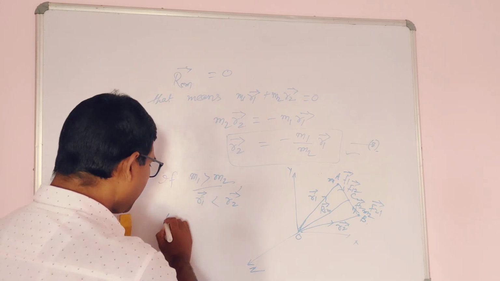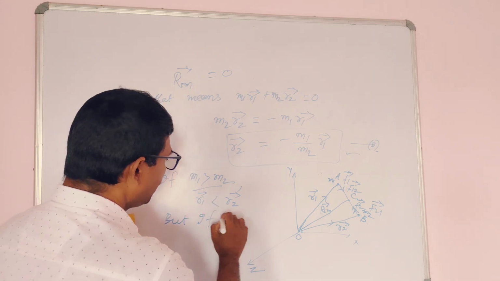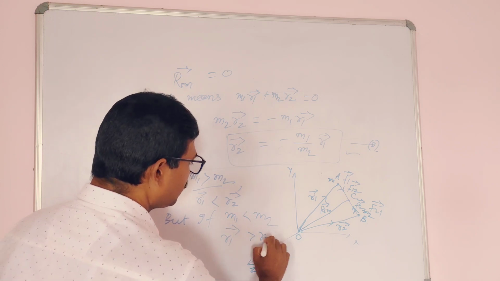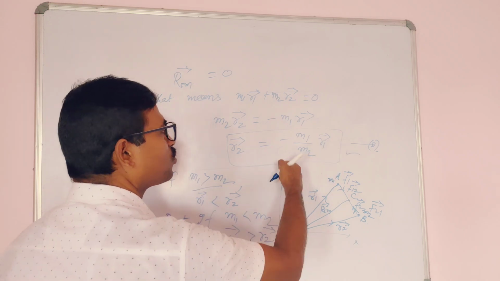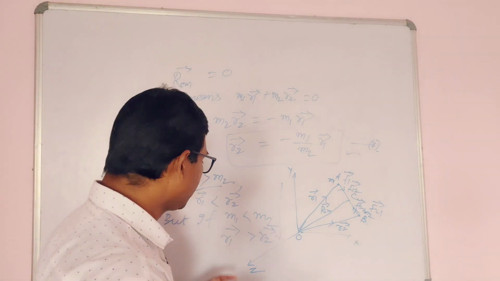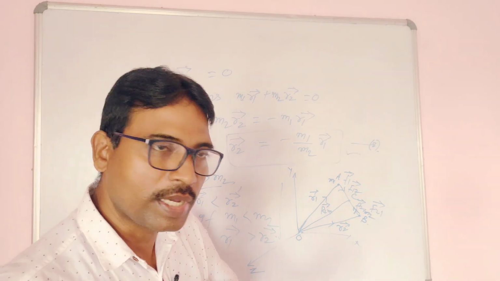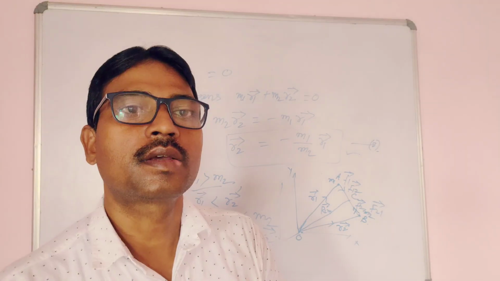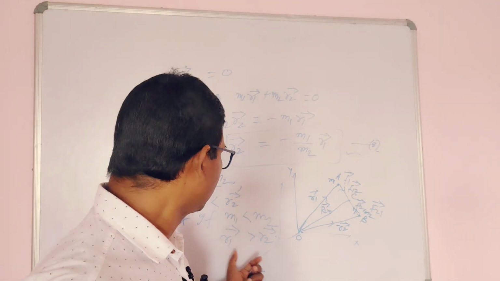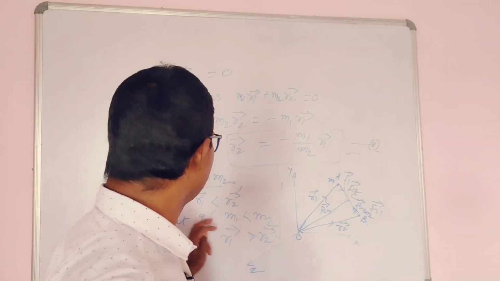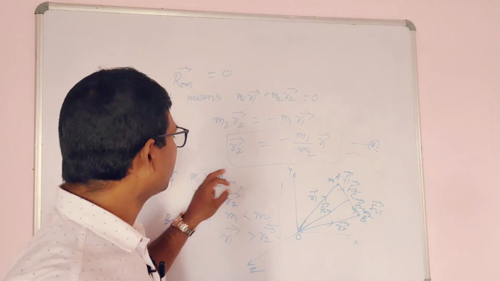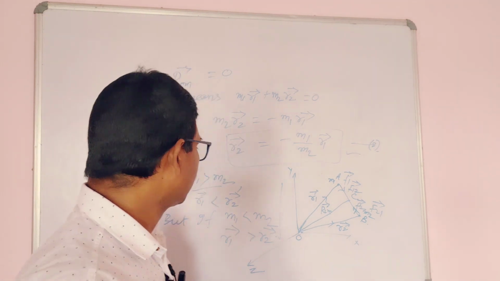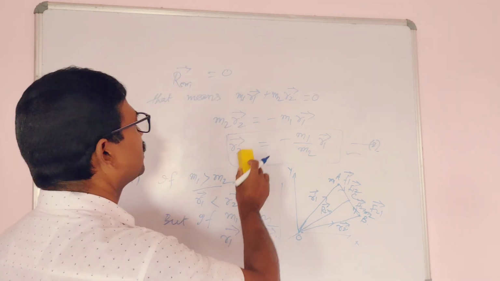But if m1 is less than m2, then r1 is greater than r2. Can you understand? From this you can see that the particle having more mass lies very close to the center of mass. So if you consider m1 greater than m2, then m1 is very close to the center of mass.